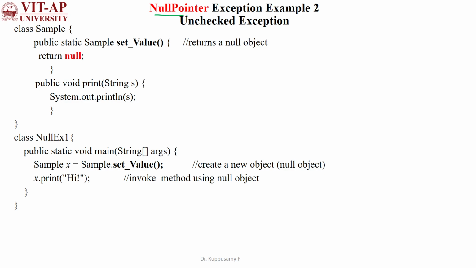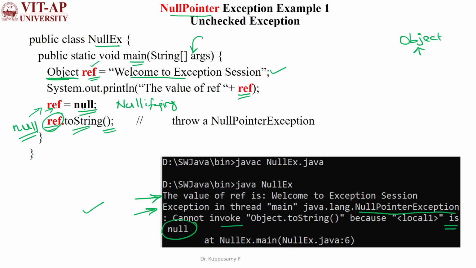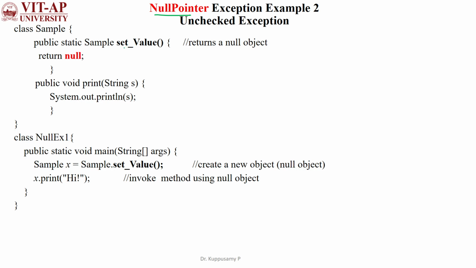Another one is again NullPointerException, by using a method. Before, we directly assigned the value to the reference variable, but here we are using a method to assign the null value to the object variable x. We define the class name NullEx1 with the main method, then we create the object variable x using the class Sample.